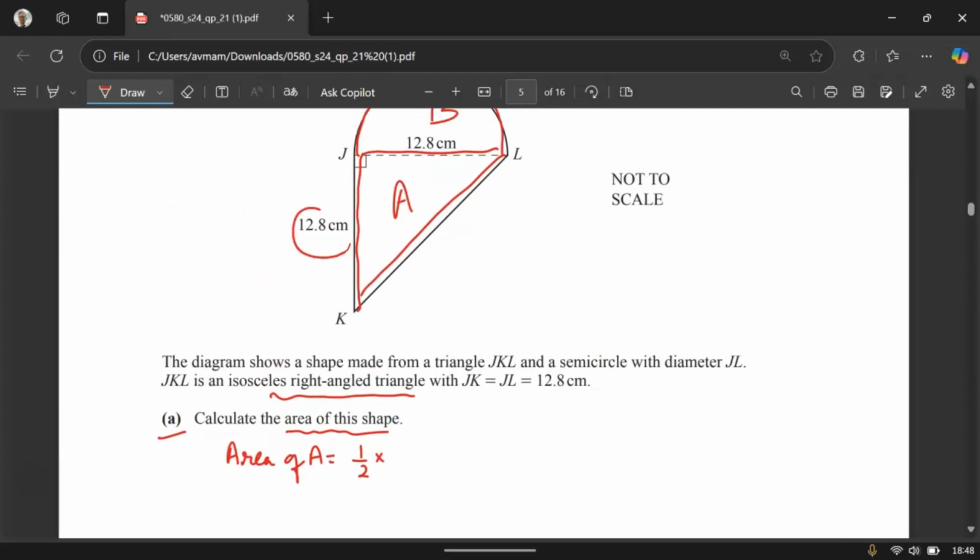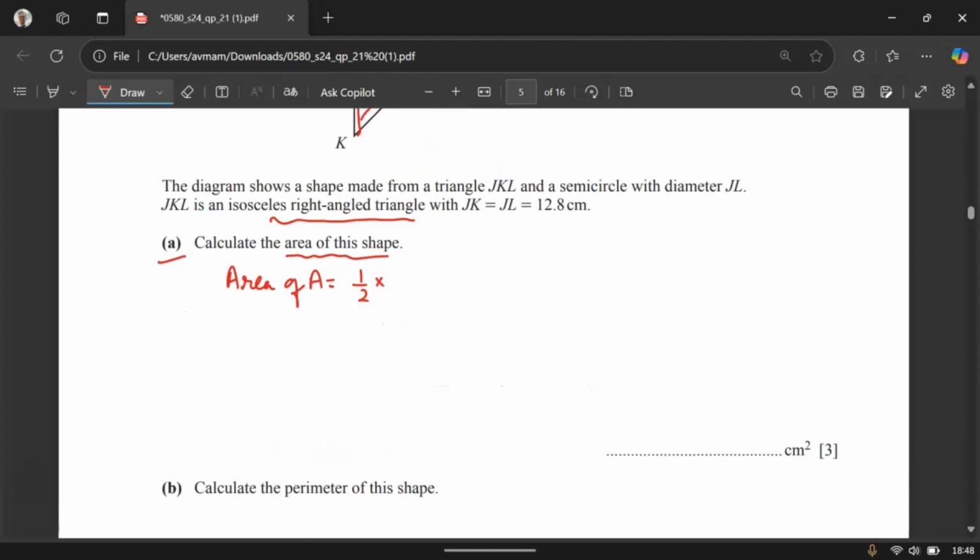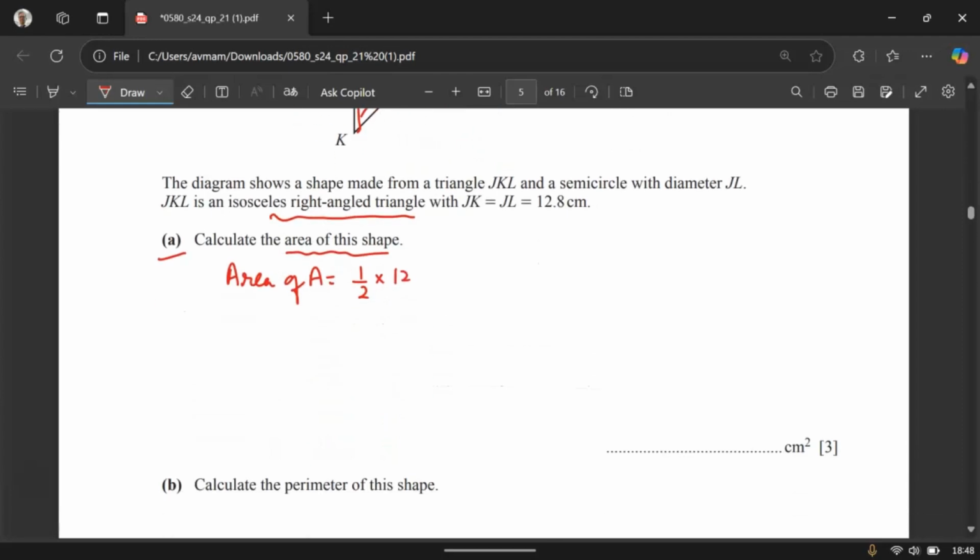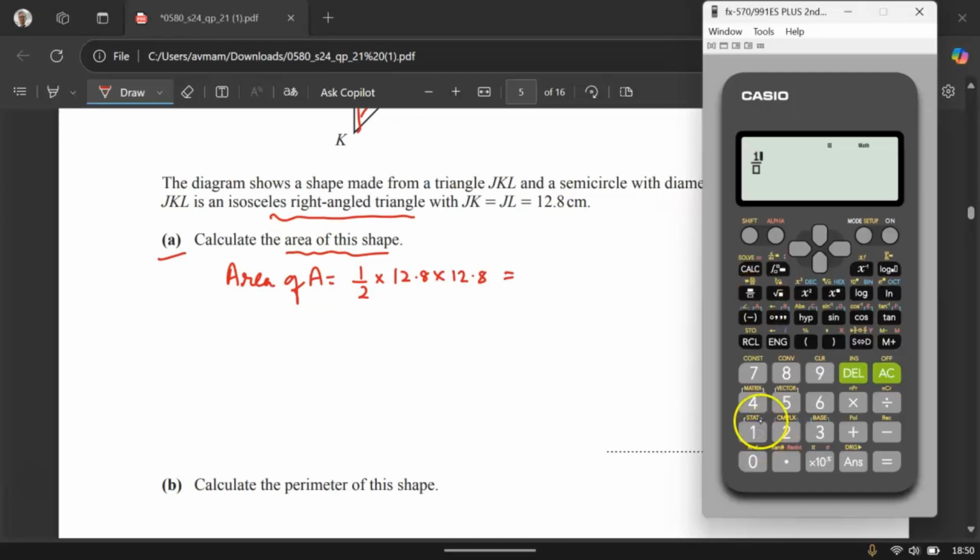That is half times 12.8 times 12.8, and that gives us 81.92.